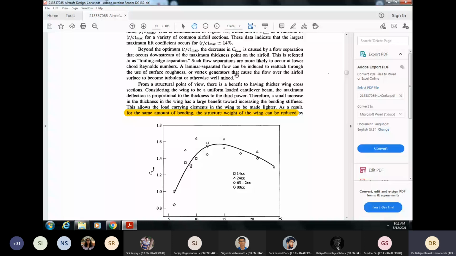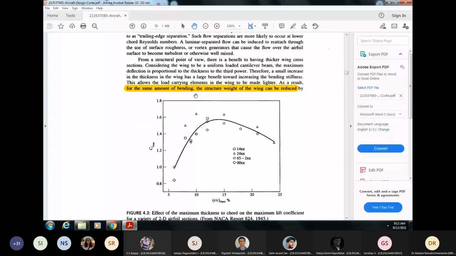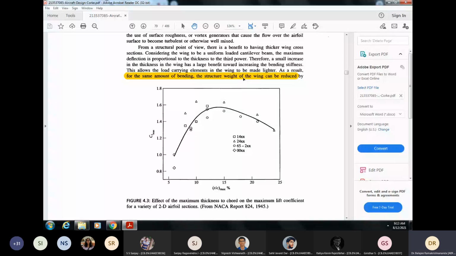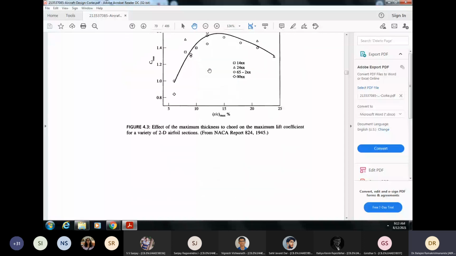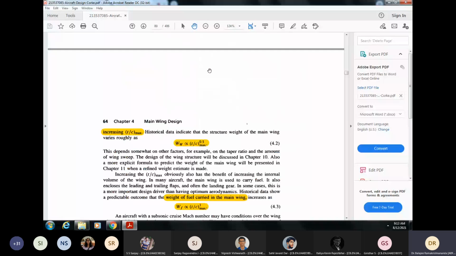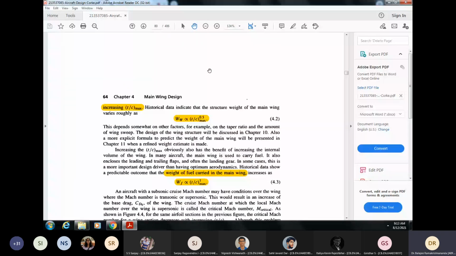Then from a structural point of view, there's a benefit to having a thicker wing cross section. We have seen this just now. Let's go through this later. As a result, for the same amount of bending, these are the useful formulas: your wing weight is proportional to (t by c) to the power half, just to give an estimate, root t by c.